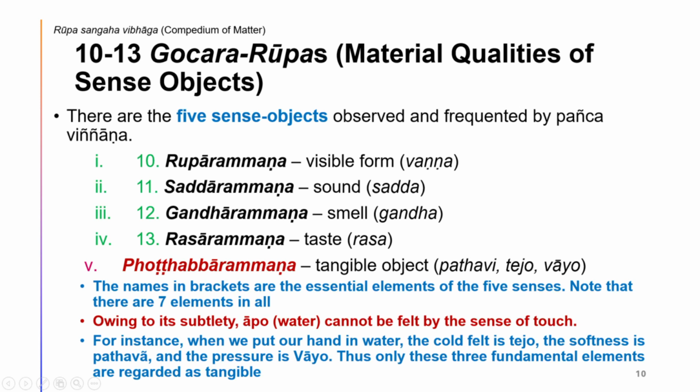So the fourth one is Rasa, taste. So you see, this is all arising from all the faculties. In your text, it says it's a flavor or savor derived from the four primary elements and experienced by the tongue consciousness.